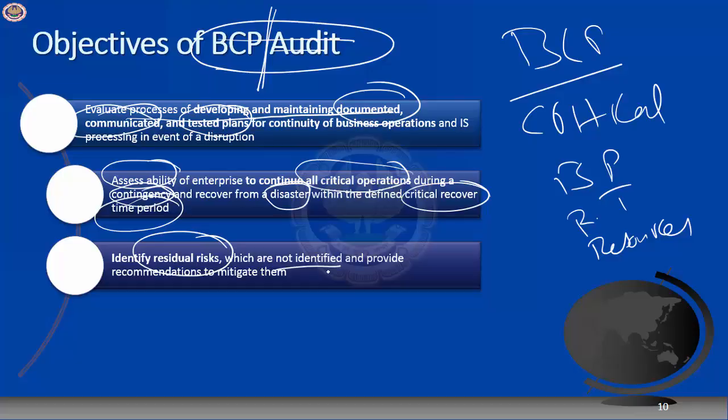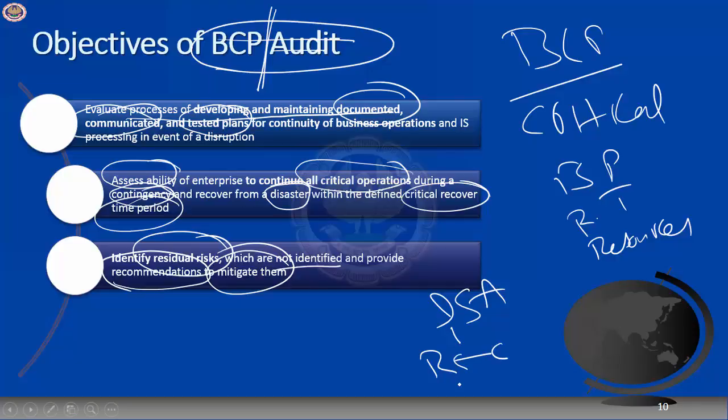If these are not knowingly accepted, when you do the audit, you should be able to provide recommendations to mitigate this risk. IS audit, any type of an IS audit, is fundamentally about identifying whether risks are mitigated by implementing the right level of controls, and if these are not adequate, which means the risk is greater than the controls, you need to identify the control weakness. The control weaknesses will result in an exposure, which is a potential loss.